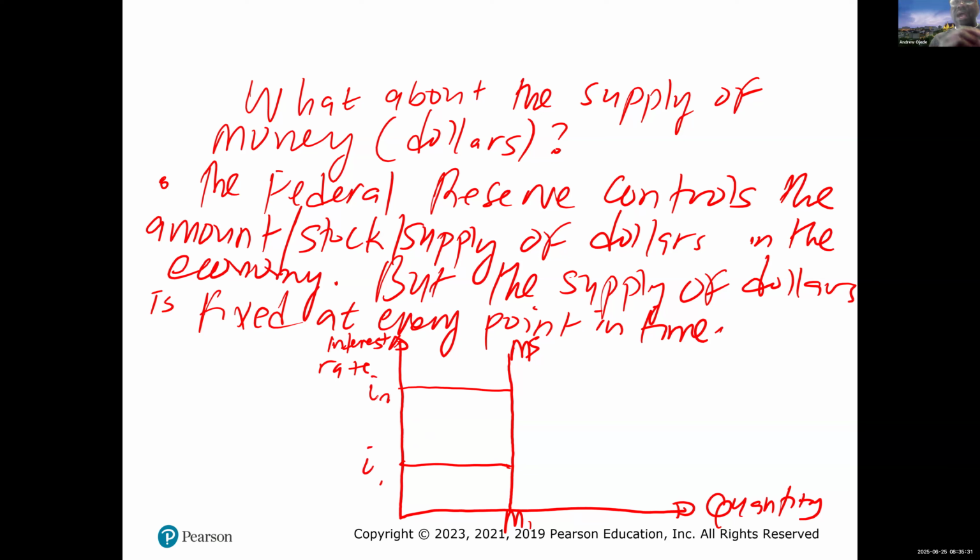But the question is, how does the Fed change the stock? Because we're saying the supply of dollars is fixed at every point in time, that vertical line. Then how does the Fed increase or decrease the supply of dollars? We talked about this in the previous chapter. Tools of monetary policy, these are the things that the Federal Reserve will use to change the supply of dollars in the economy.